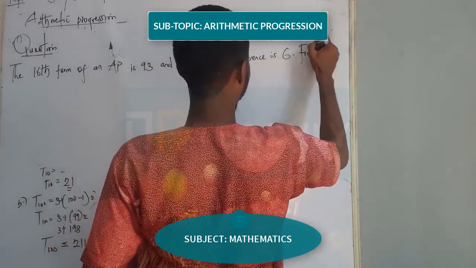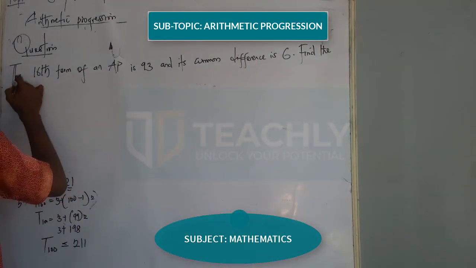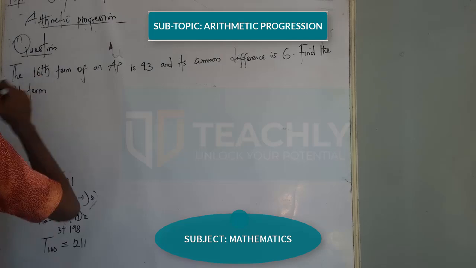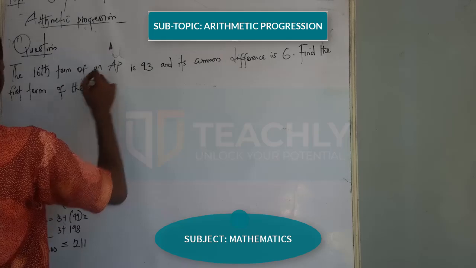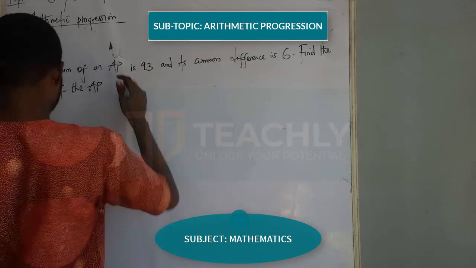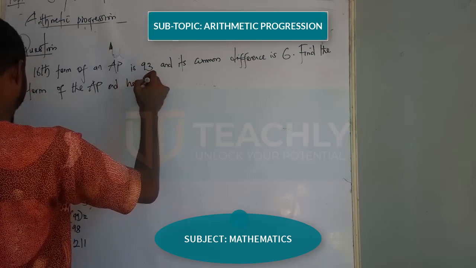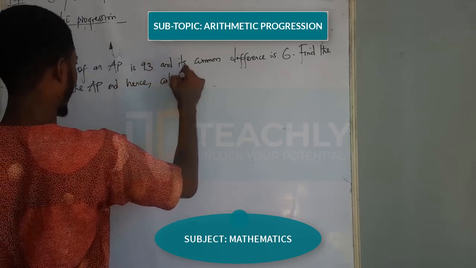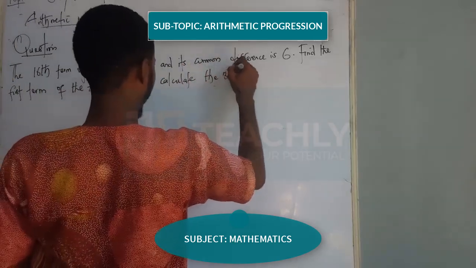Find the first term of the AP and hence calculate the 30th term.